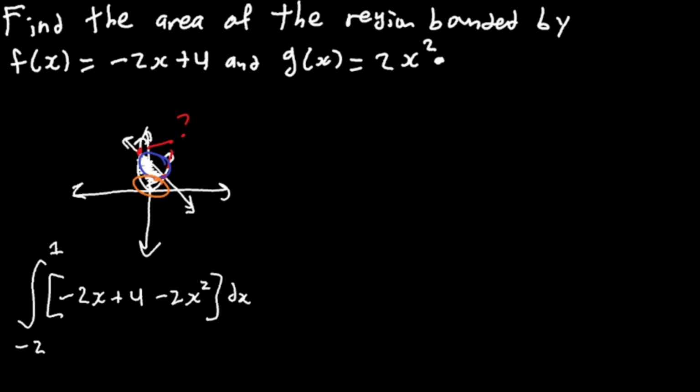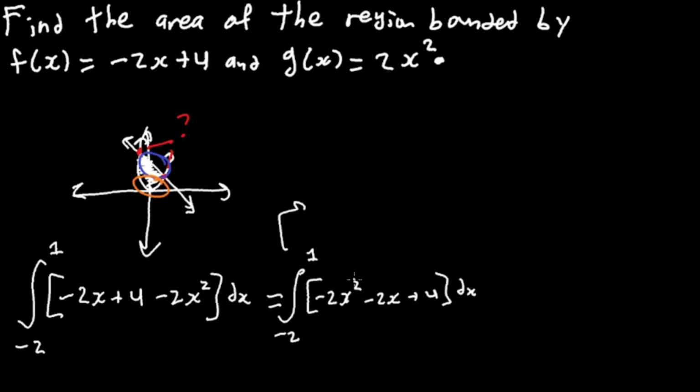Alright, so now if I make a bit of room, fill that in. Okay, so if we put it in order from highest to lowest power, negative 2x squared minus 2x plus 4 dx. Using our power rule for integrals, this becomes negative 2 over 3, so you divide by the power plus 1, times x cubed.